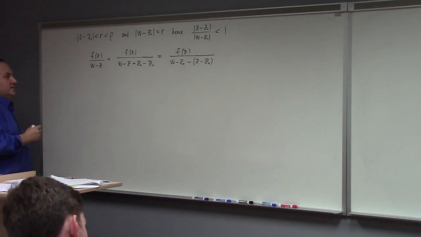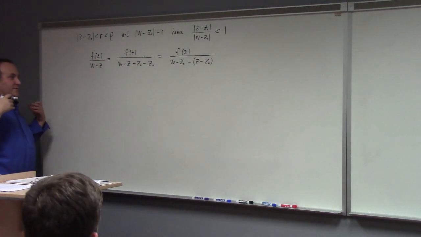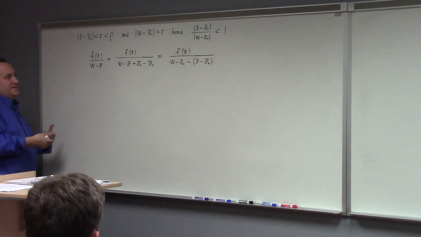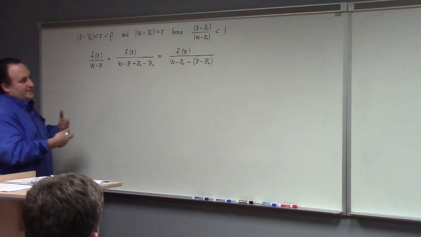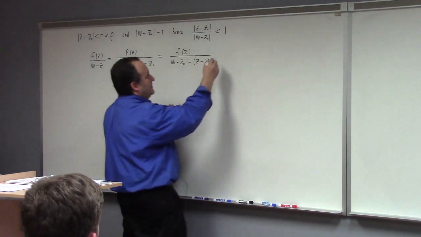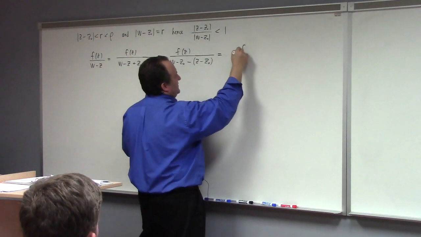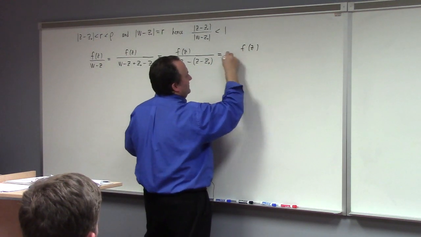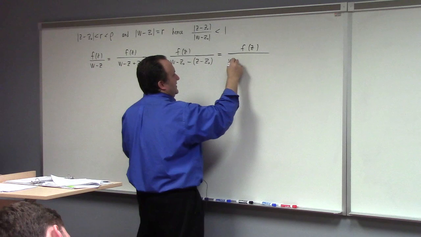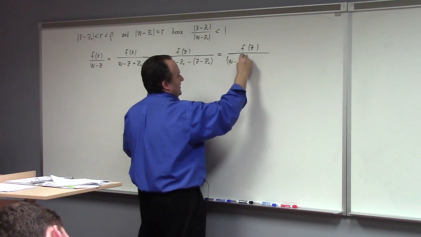And then we know that the road to any kind of cool power series calculation is geometric series. Like everything is geometric series. So many things are geometric series, like seriously. Anyway, so this is f of z over w minus z naught. Factor that guy out.